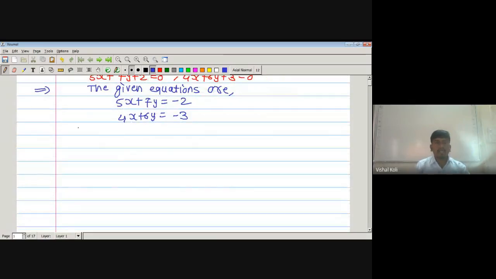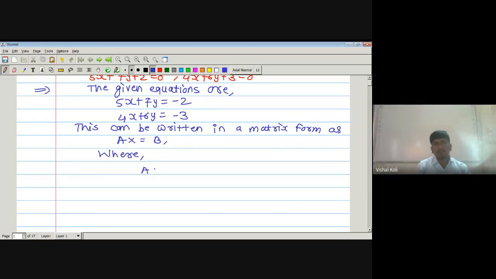Therefore this can be written in matrix form as AX equal to B, where A is a 2 by 2 matrix having entries 5, 7, 4, 6, X is a 2 by 1 matrix of unknowns, and B is again a 2 by 1 matrix having entries minus 2 and minus 3.